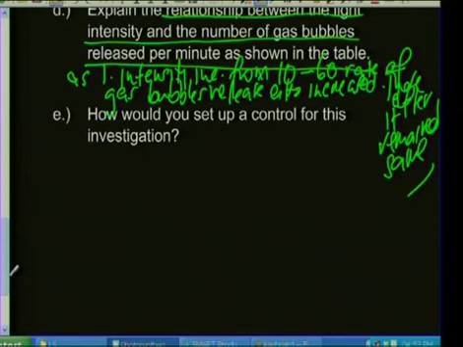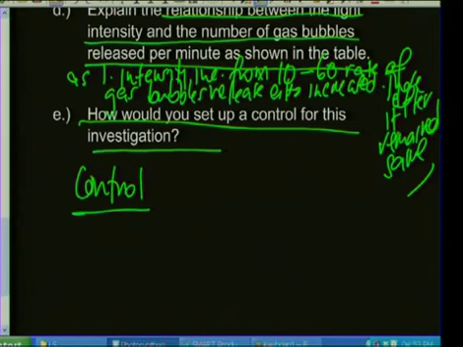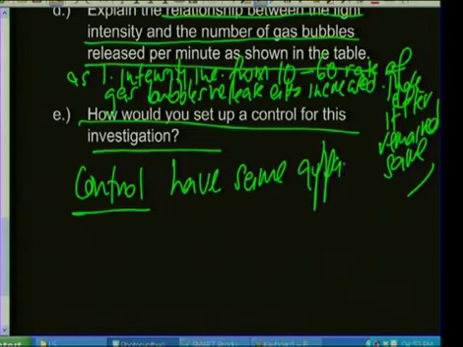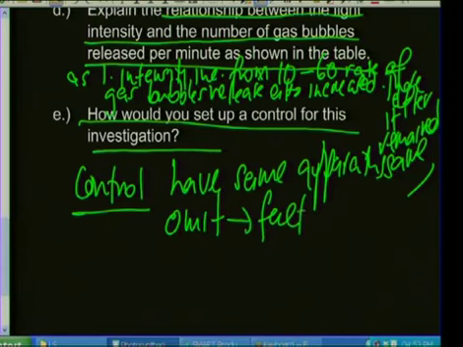How would you set up a control for this investigation? Now, what is a control? A control, first of all, is to have the same apparatus, but omitting the factor we're testing for.